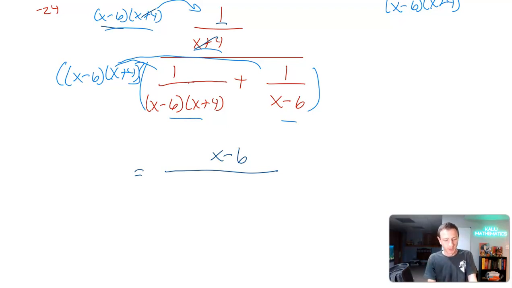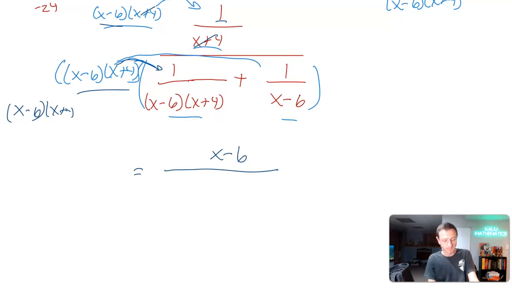Then on the bottom, when I multiply this to here, everything cancels completely, right? Because it's x minus 6 times x plus 4 times 1 over x minus 6 times x plus 4. So the x plus 4s will cancel out, the x minus 6s will cancel out, leaving us with just 1.